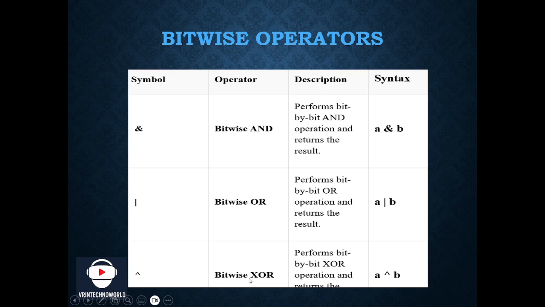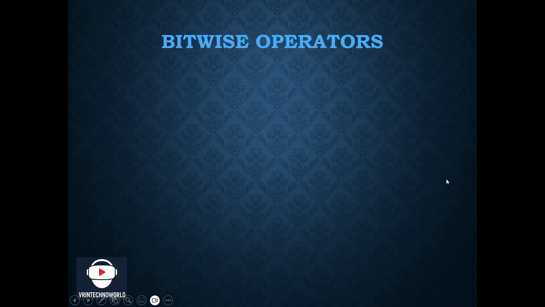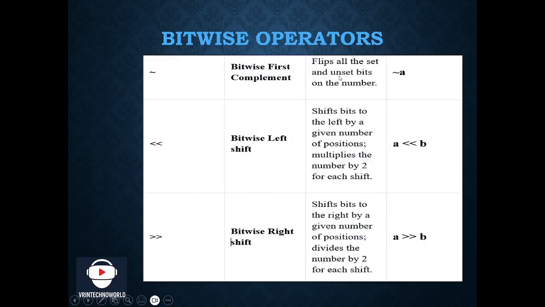Then bitwise XOR: the result is 1 if the two bits are different. So these are the bitwise operators.